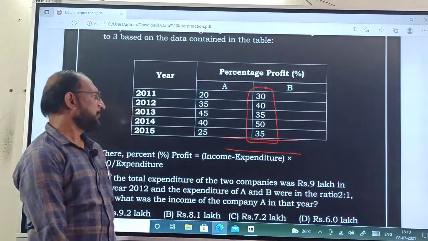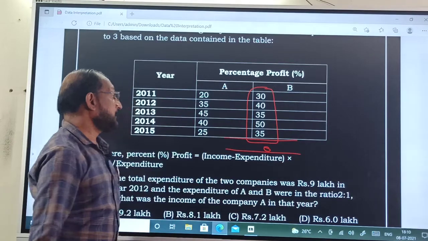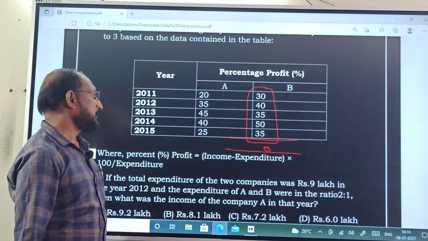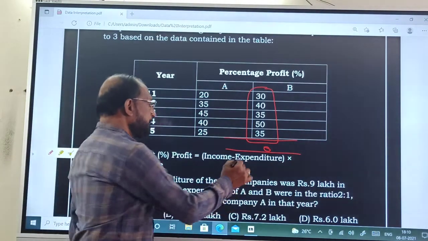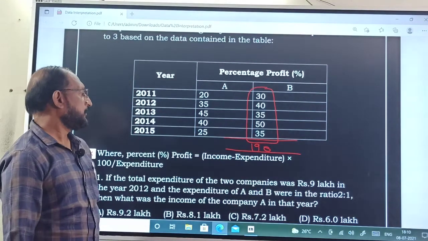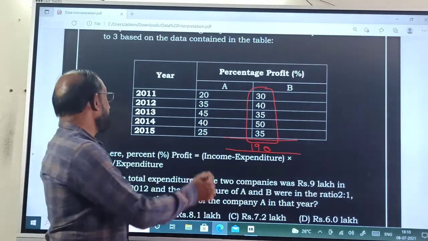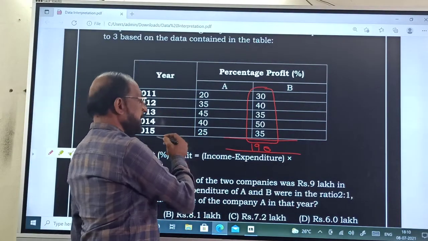35, 40, 50, 25, 35 add up to 190. So how many years? 1, 2, 3, 4, 5.